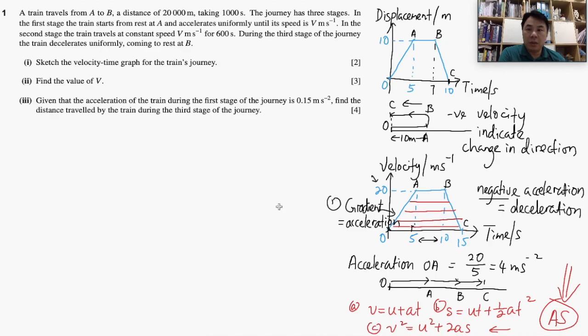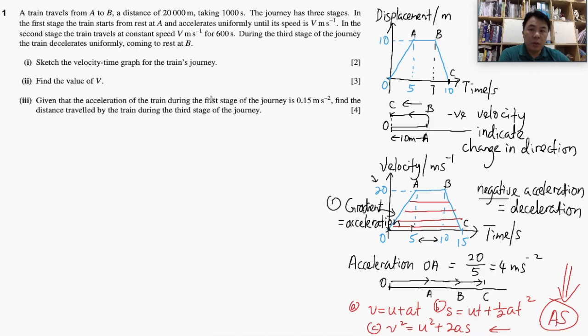In the first stage, the train starts from rest at A and accelerates uniformly until it reaches the speed of v meters per second. In the second stage, the train travels at a constant speed v meters per second for 600 seconds. During the third stage of the journey, the train decelerates uniformly, coming to rest at B.